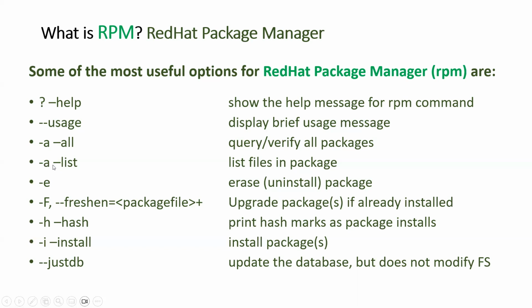And then you can do -l or --list to list packages, -e to erase it. So I'm going to show you, for example, maybe we could use some of these commands there, but again, RPM, YUM, and then DNF, they all can be used interchangeably.